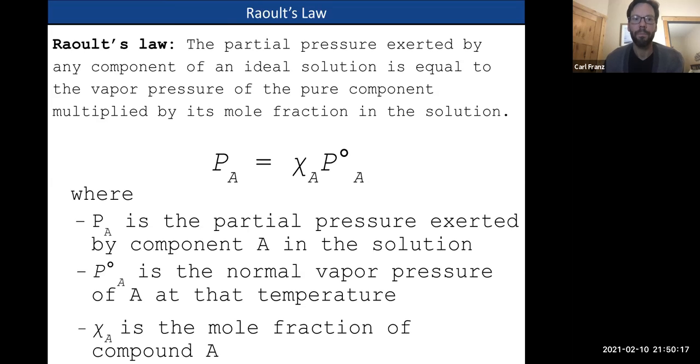Raoult's law is that the partial pressure is equal to the mole fraction times the vapor pressure, okay? And you'll be given certain variables, and you'll be asked to solve for the missing one.